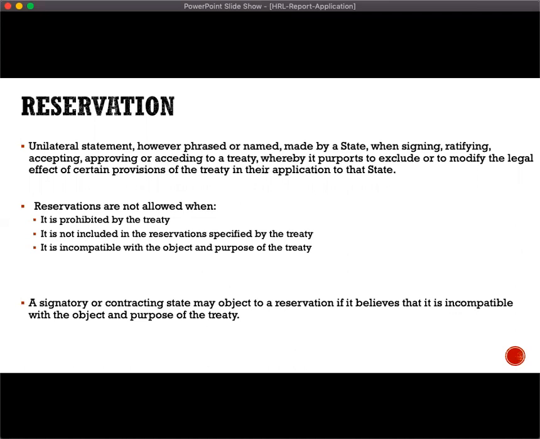So when is reservation not allowed? When it is prohibited by the treaty, when it is not included in the reservations specified by the treaty, and when it is not compatible with the object and purpose of the treaty. A signatory or contracting state may object to a reservation if it believes that it is not compatible with the object and the purpose of the treaty.